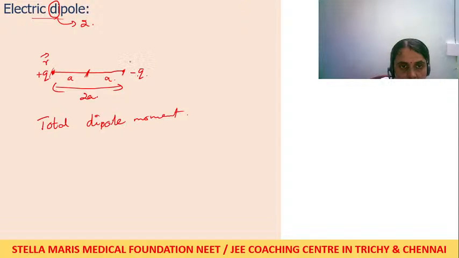We will represent the electric dipole moment by the vector p.